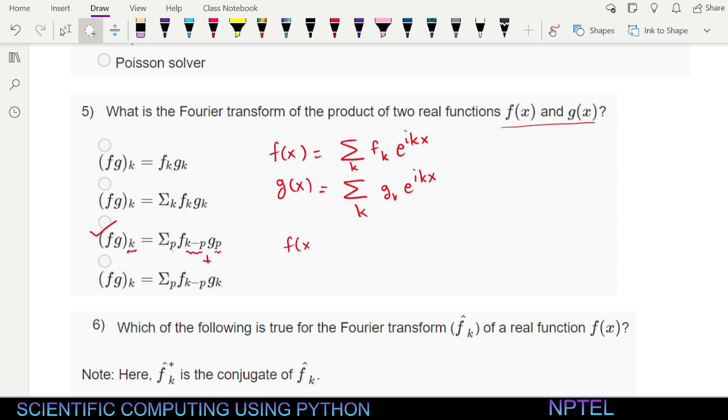So f(x) times g(x) is the sum over k of f_k e to the power ikx, then the sum over... I cannot use the same k again, right? Because then it means that I should have the same index here and here. So I'll use k prime, or as they are using t, is it going to be p? Let's write k prime. So g_k prime e to the power ik prime x.